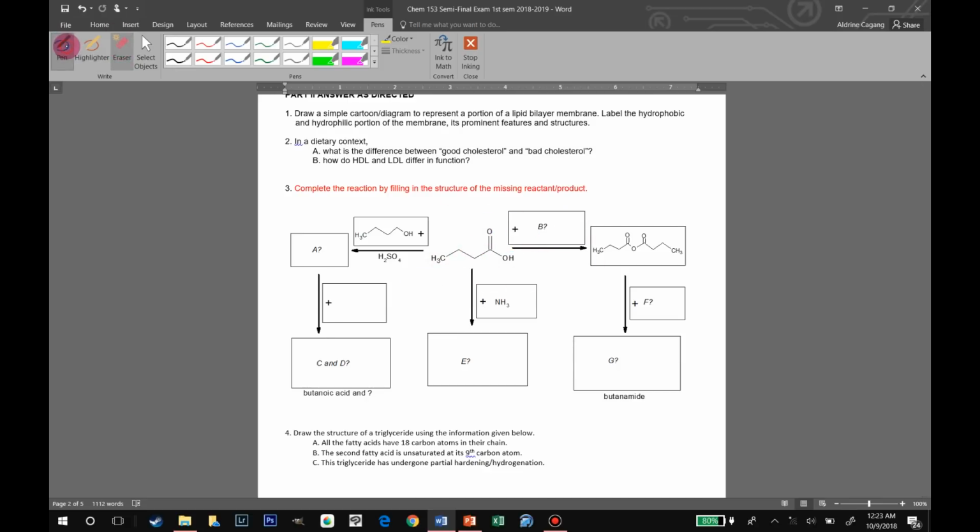Okay, so for this path here, going to the right, you have a reactant B that's going to react with your butanoic acid to give you this product. Notice that this product has C double bond O, C double bond O. That is characteristically your anhydride.